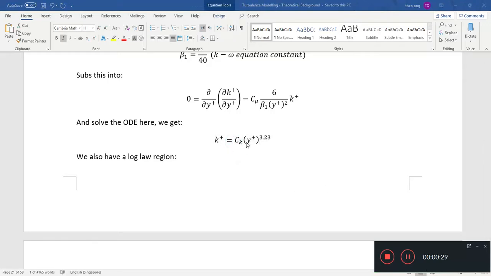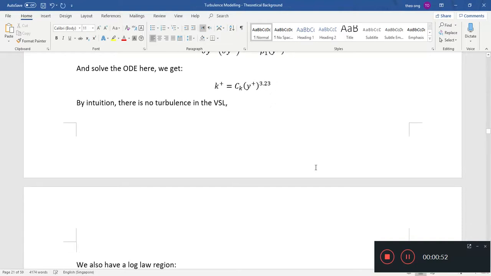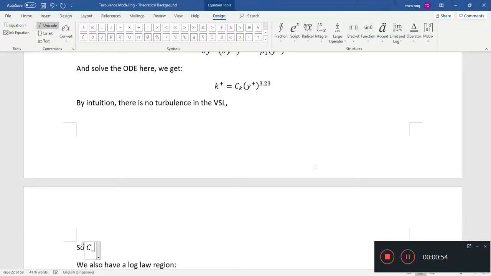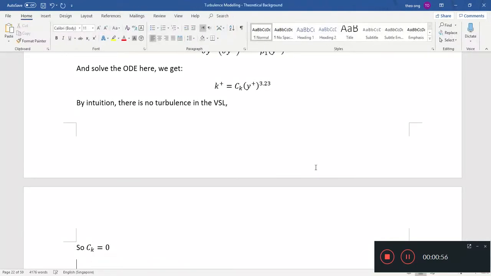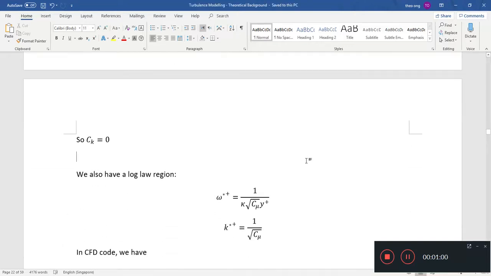Of course, from intuition, since it is the viscous sublayer, there should not be any turbulent kinetic energy inside the viscous sublayer, so ck should be 0 just by intuition. There is no turbulence in the VSL, viscous sublayer, so ck equals 0. That should be the correct kind of expression.